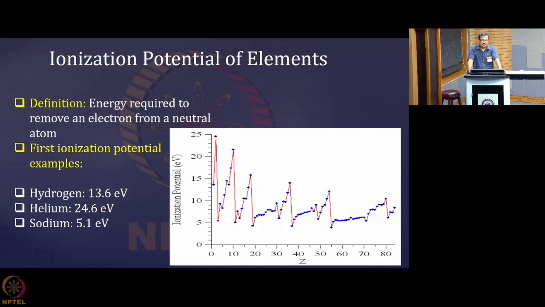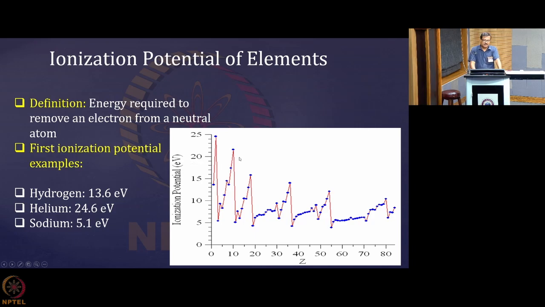Now in this graph you notice that this 13.6 electron volt is hydrogen, and next one is helium. Helium is having inert gas configuration, so that is why its ionization potential is quite high, it is 24.6.